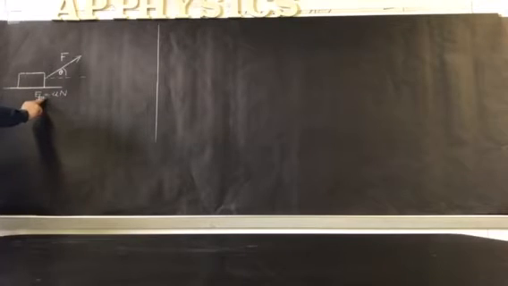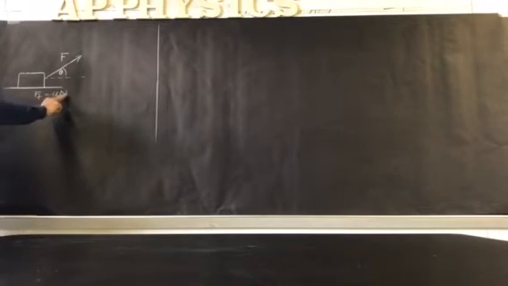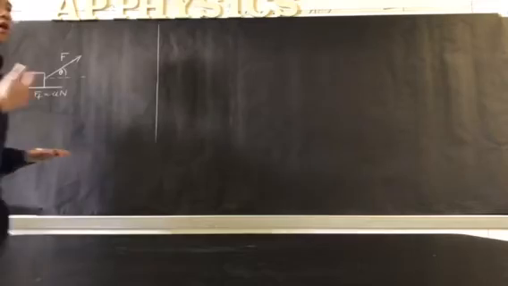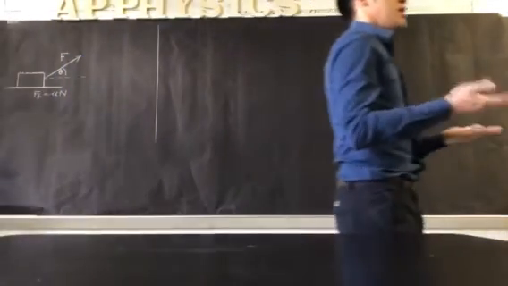The formula for friction is the coefficient times the normal force. So let's talk about what the normal force is. The normal force only occurs when an object is sitting on a surface. If there's no surface, there's no normal force.